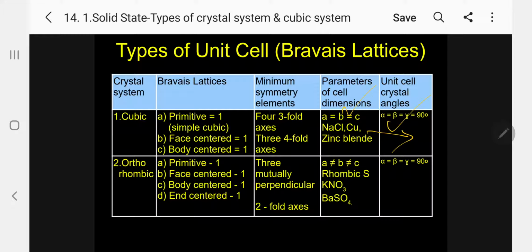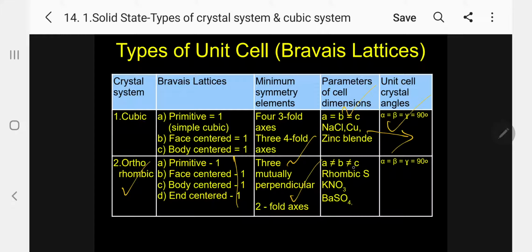Cubic units have 3 lattices: simple cubic, body centered and face centered. Please remember. Other things I will go through fast. Orthorhombic has 4 crystal lattices: primitive, face centered, body centered, end centered, and 3 mutually perpendicular 2-fold axes.